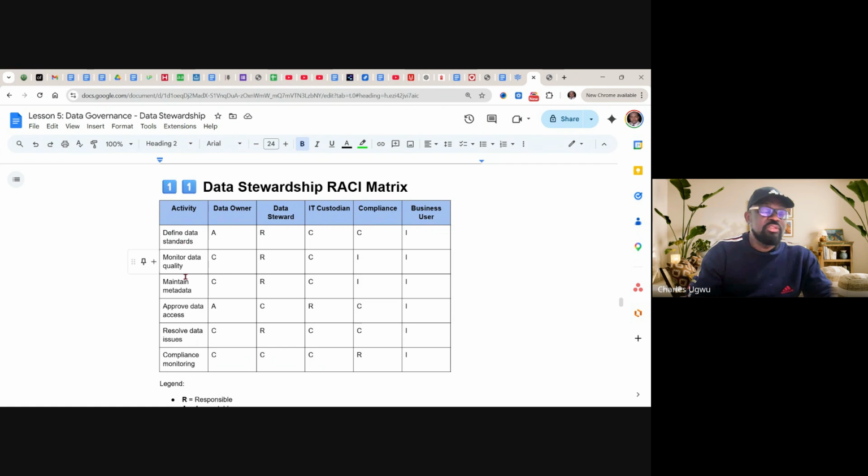These are all activities that need to be done within data stewardship. Then we have the people that are going to do it: data owner, data steward, IT custodian, compliance, and business users.